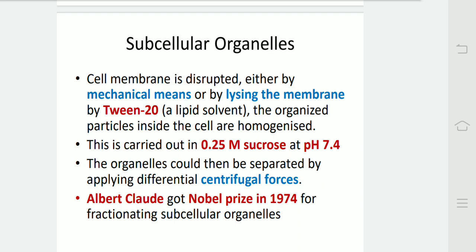This is usually carried out with 0.25 molar sucrose at pH 7.4. The organelles could then be separated by differential centrifugal forces. Albert Claude was awarded the Nobel Prize in 1947 for fractionating subcellular organelles.